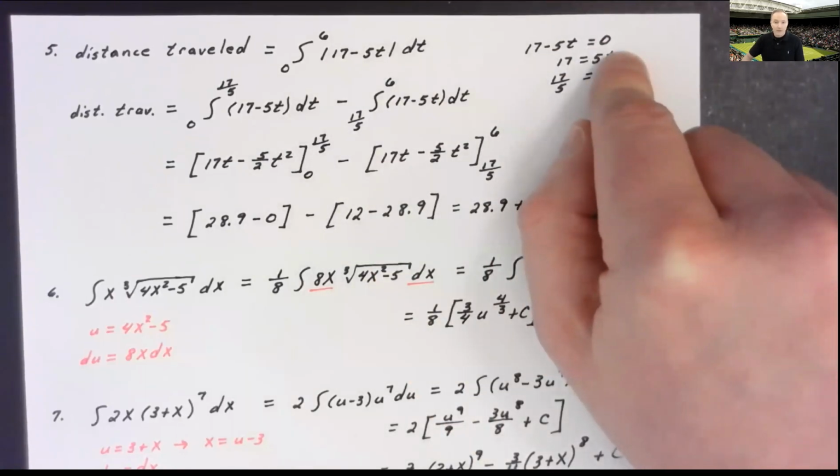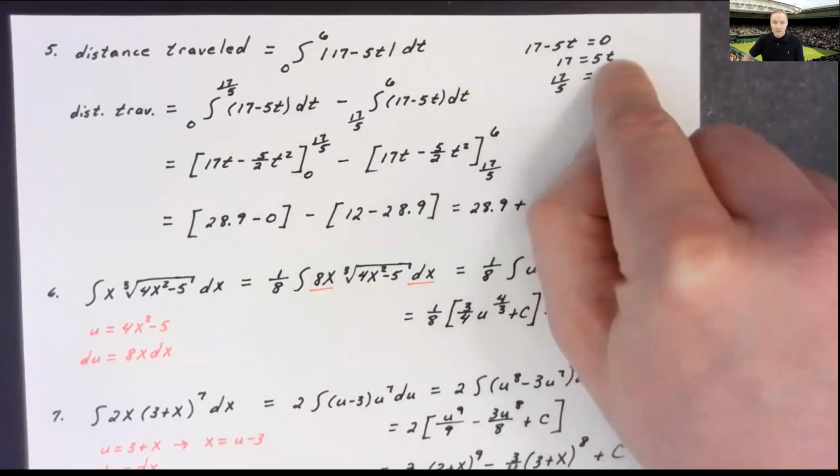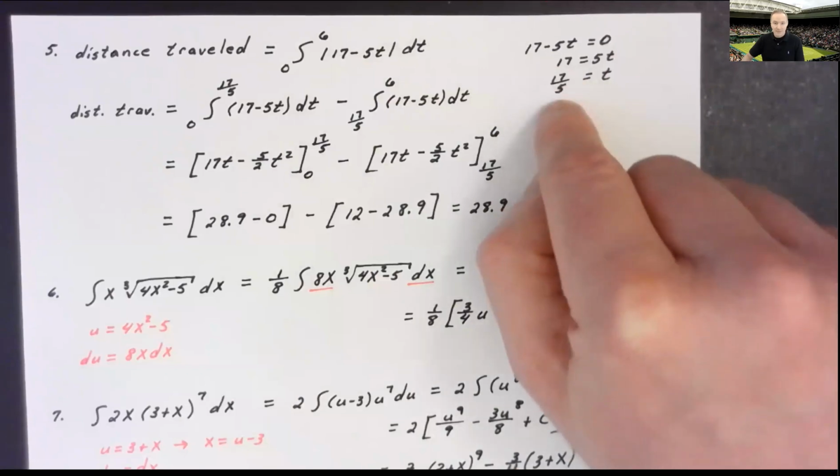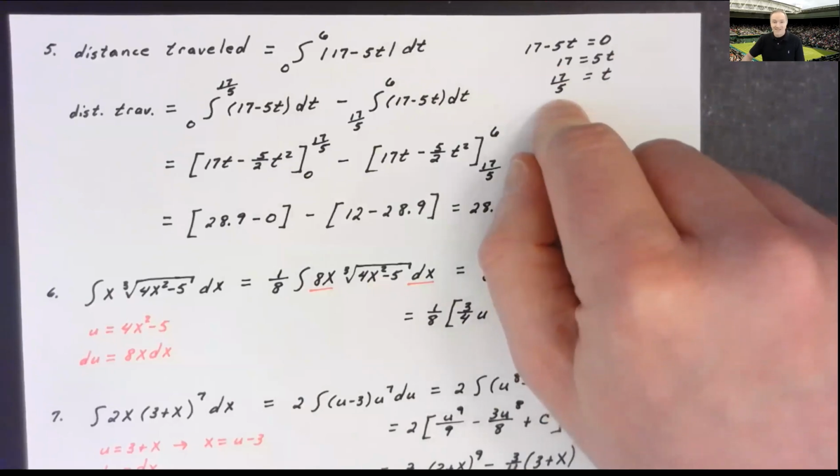We know that velocity function is going to equal 0 when 17 is equal to 5t, which means t is equal to 17/5. So at 3.4 seconds, or at 17 over 5 seconds, this velocity function is 0.